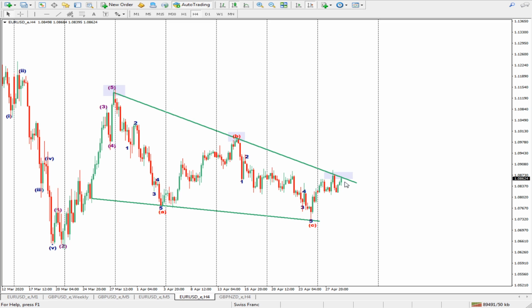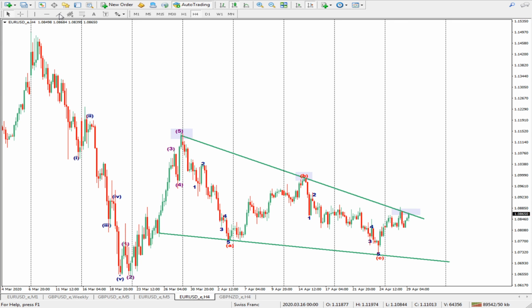So as it is now, just expect a sell from this point. Expect a sell to push price to the lower level, which should be this one here. Expect price to go up to this support. A move like this, the price needs to come back up to this point, then maybe bounce from that point and head to the upper side, or break to the lower side up to the next level, which is this one.